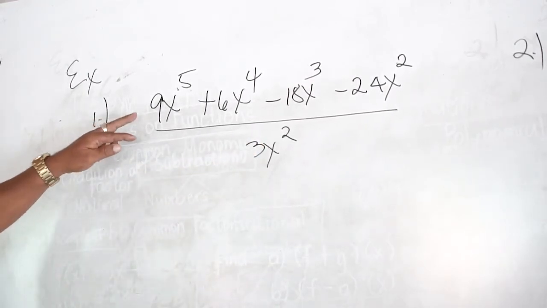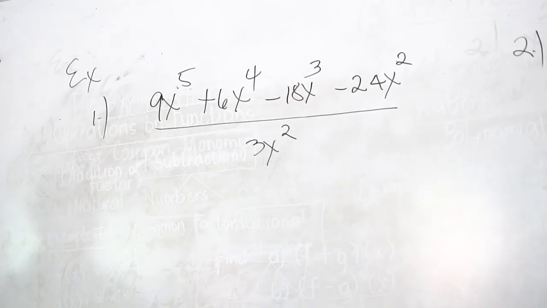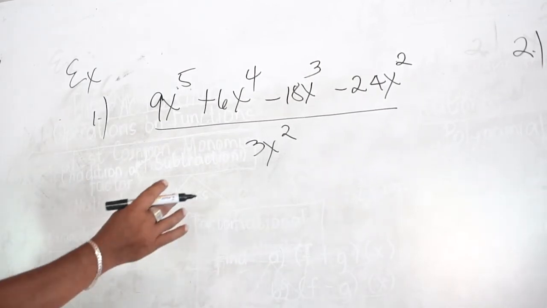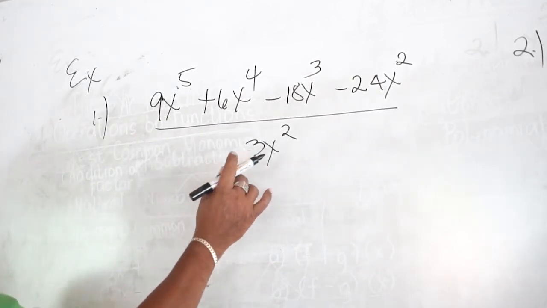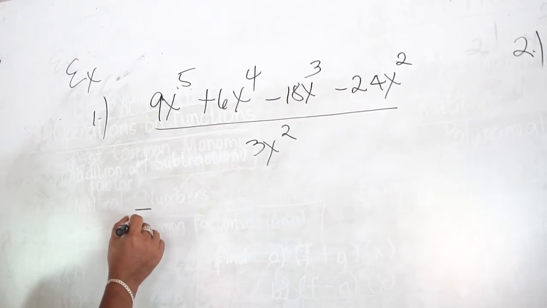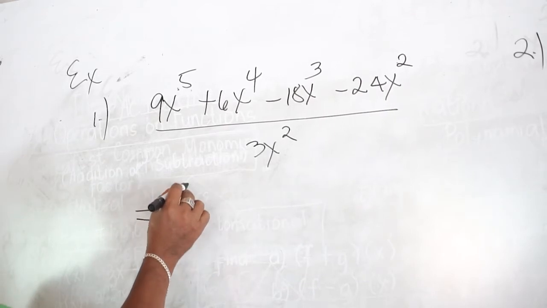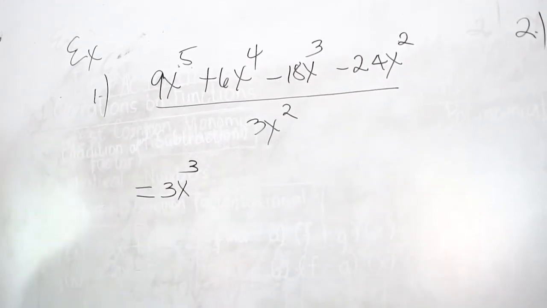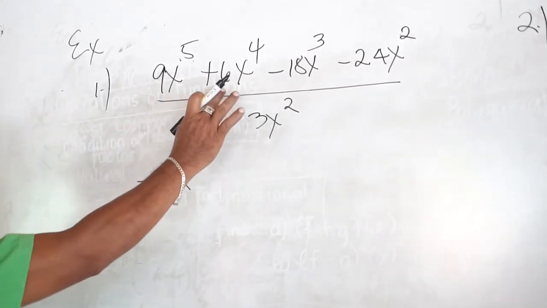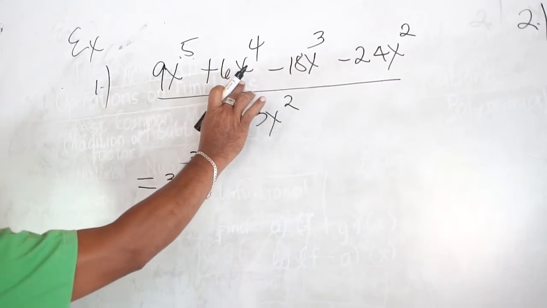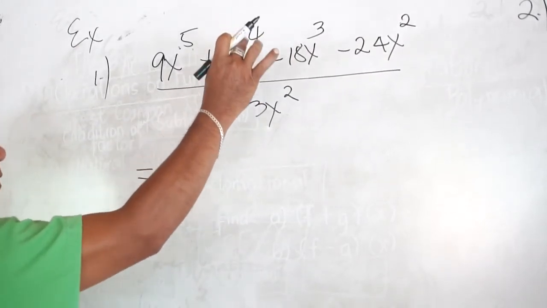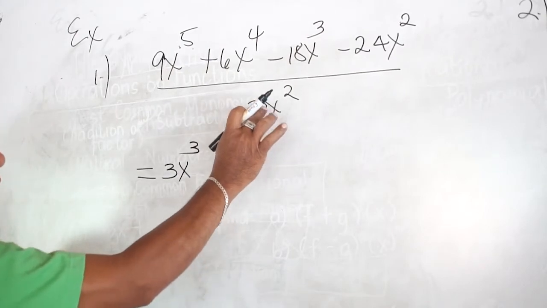Then solve. 9x to the 5th power divided by 3x squared. So, the quotient is 3x cubed. Then next, positive 6x to the 4th power divided by 3x squared.